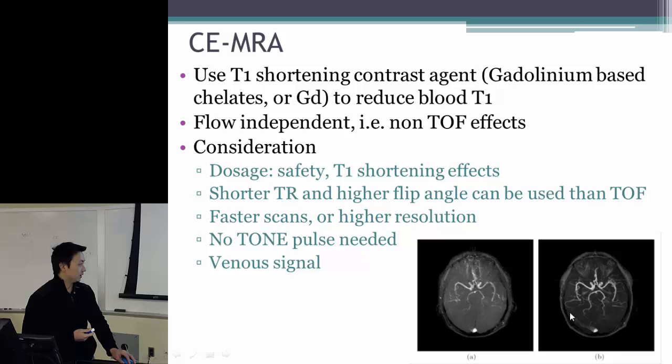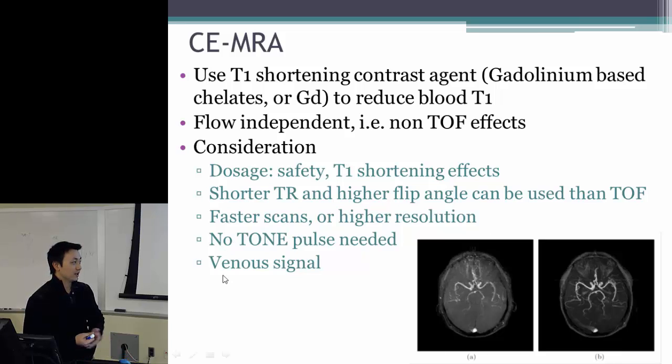In this way, it also helps to improve the contrast between the vessels and the tissues. And also, due to a shorter TR, contrast-enhanced MRA can be even faster than TOF MRA, and can give you even higher resolution. And since it's not flow dependent, no TOF effect is needed, so contrast-enhanced MRA does not need to use a tone pulse.